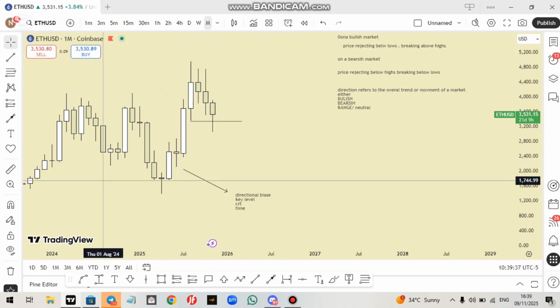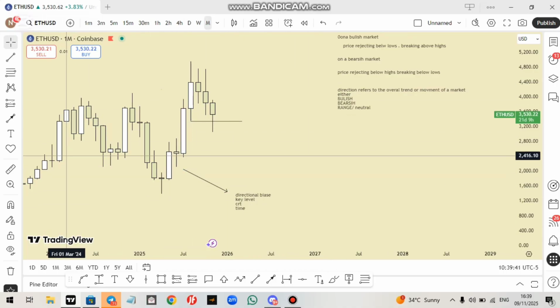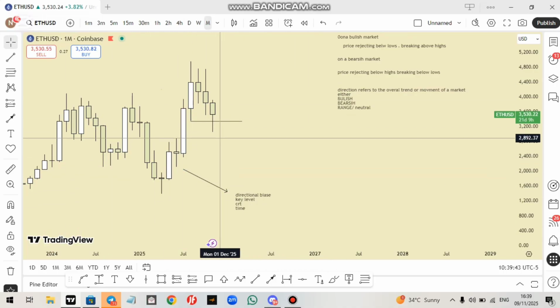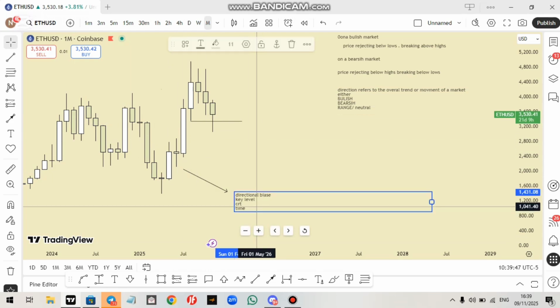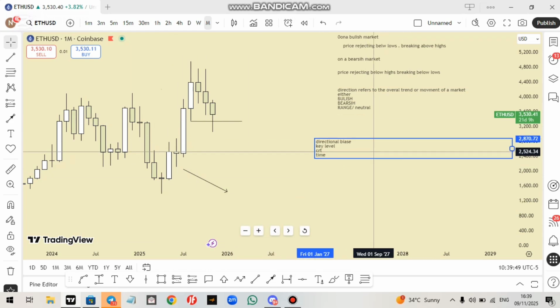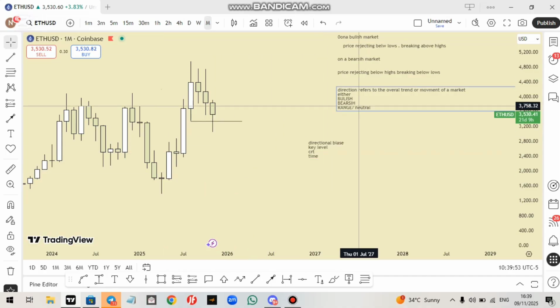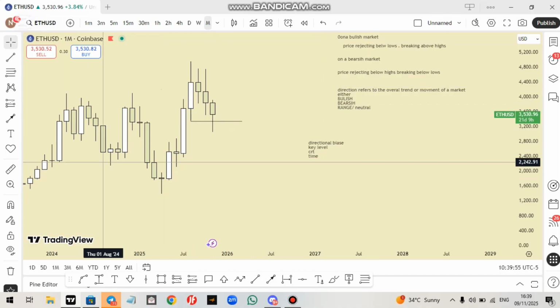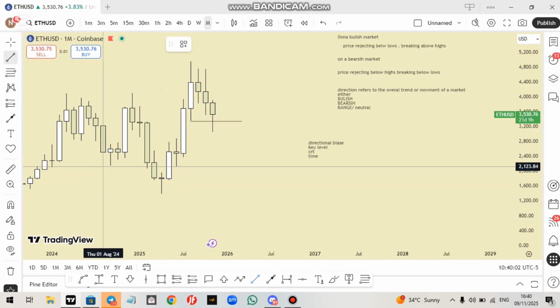So first of all, if you check the whole thing here, the direction of this certain pair is bullish using the monthly time frame. So we are done with directional bias, right? We are absolutely done with directional bias because we are bullish. Price rejecting below lows. These are lows, right?